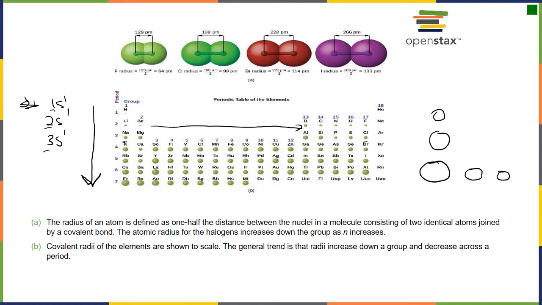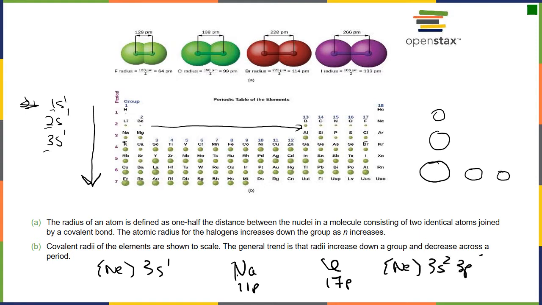It decreases in size because if we compare sodium to chlorine, sodium has 11 protons, chlorine has 17 protons. The electron configuration for sodium is neon 3s1, and the electron configuration for chlorine is neon 3s2 3p5. First of all, these are both in n equals 3.